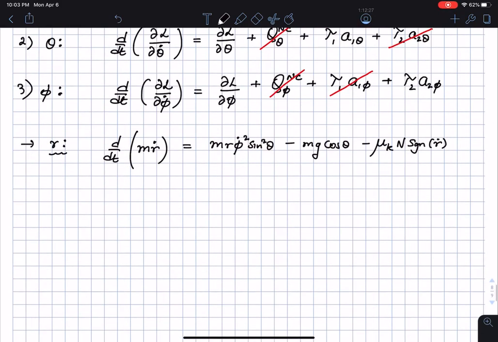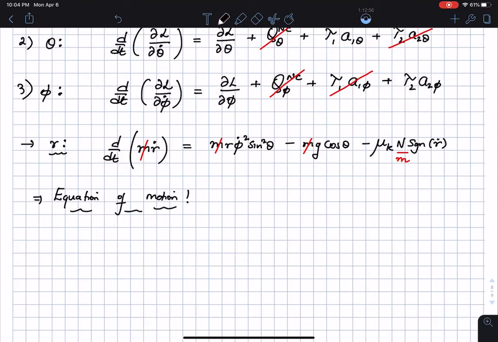Which means that if I now expand this, and I cancel off the m terms on all sides, that's going to be gone, that's going to be gone, that's going to be gone, and that will be divided by a factor of m here. So if I polish it off, I actually get my equation of motion. Why?